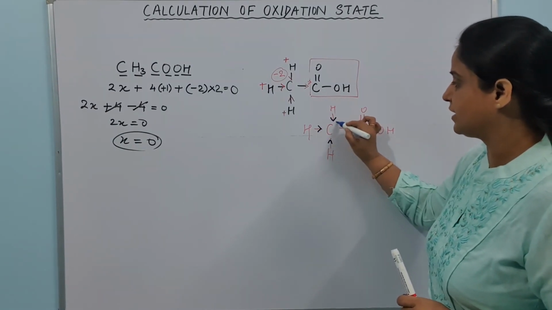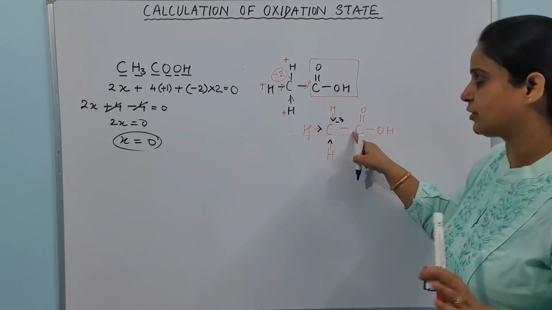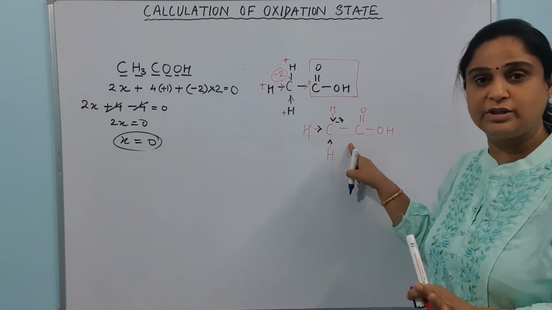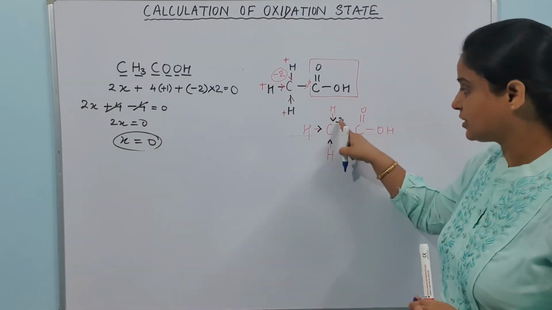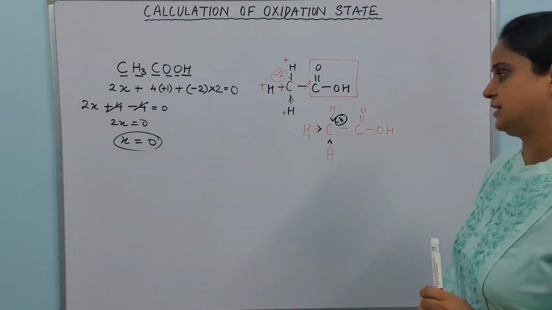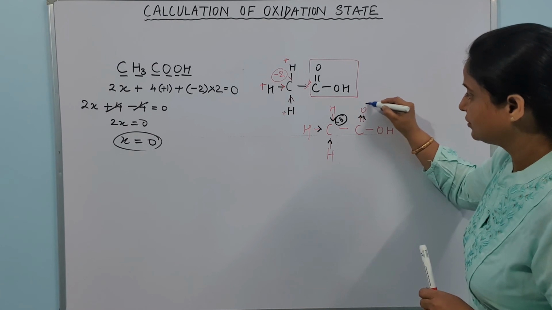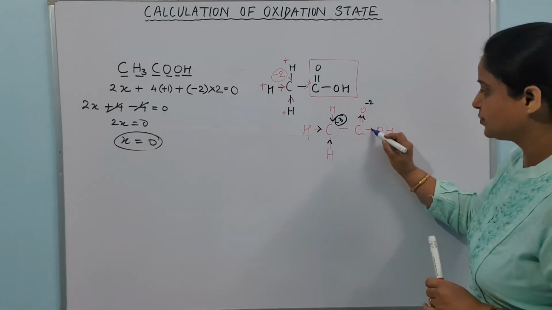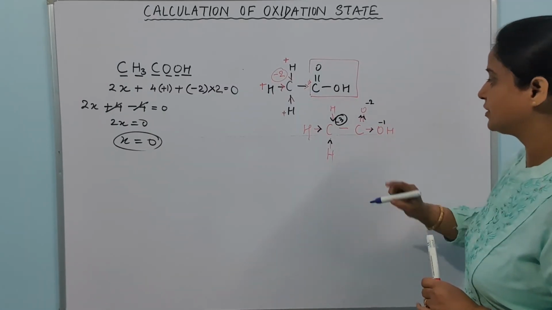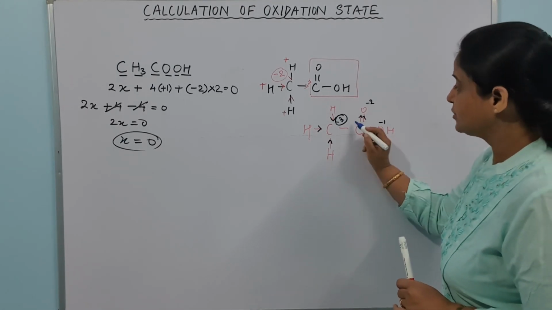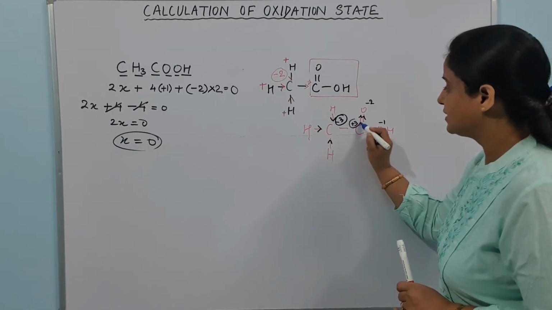That is, they are giving their electron, -3 charge. This is not pulling or pushing any electron because both the things are carbon. Okay, so total -3 charge is appearing on this carbon. Now look at this. This is pulling its one electron and one electron, that is -2 charge on it. This is pulling its one electron, -1 charge on it. That is, it must be producing +3 charge on it.